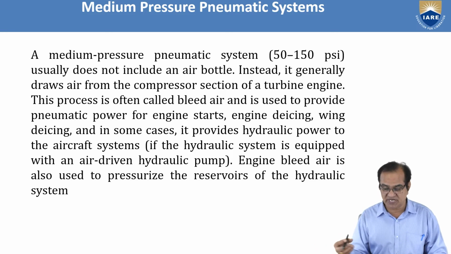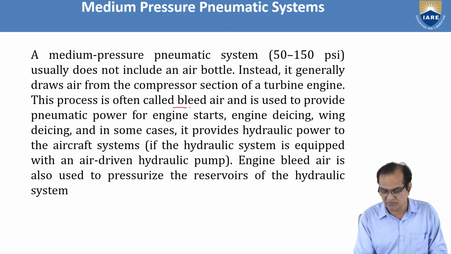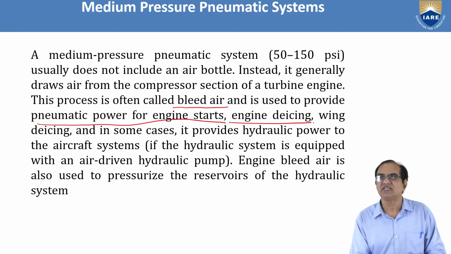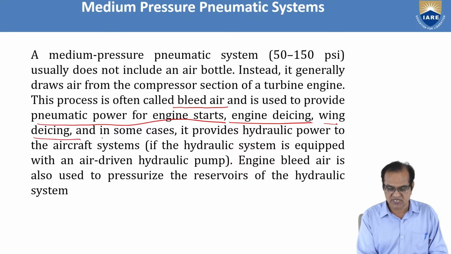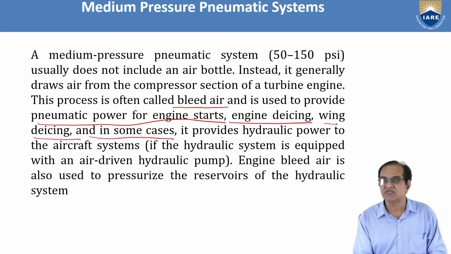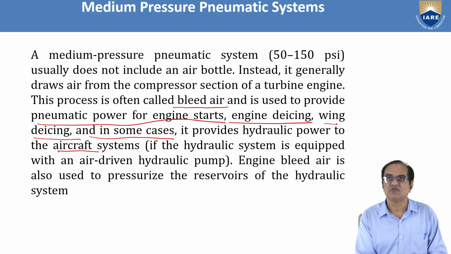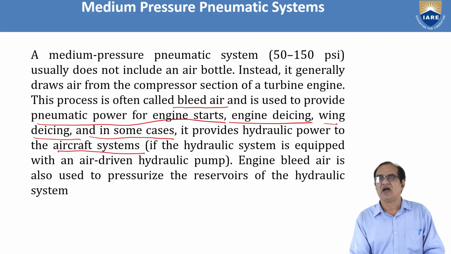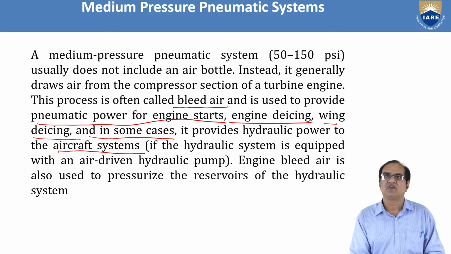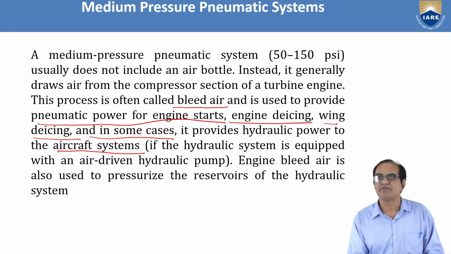Okay, so this medium pressure is called bleed air, and it is used to provide pneumatic power for engine start, engine de-icing, wing de-icing, and in some cases it provides hydraulic power to aircraft systems, if the hydraulic system is equipped with an air-driven hydraulic pump.